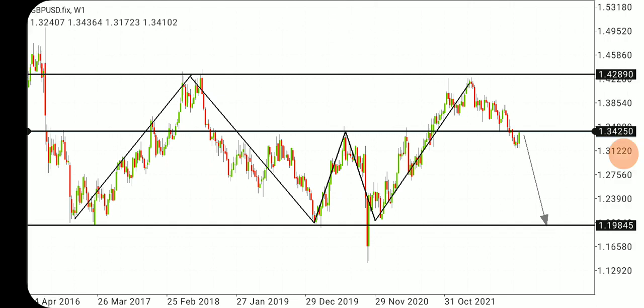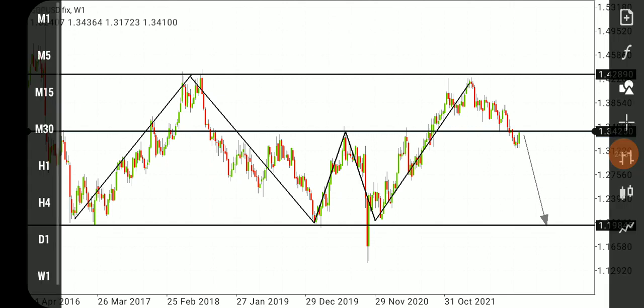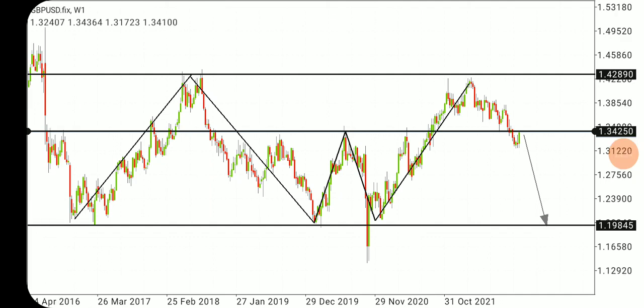Previously it was a support, which is now a resistance because it broke below, and now I believe it is retesting this price, 1.34250. Number two, the dollar is in an uptrend.